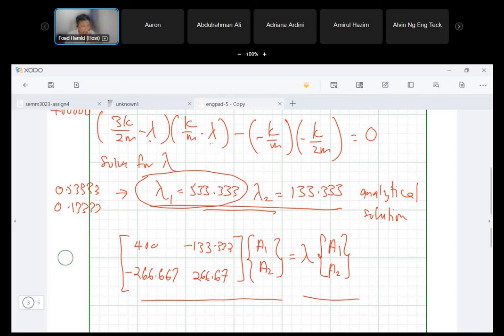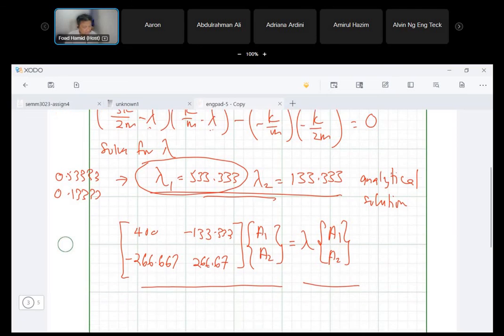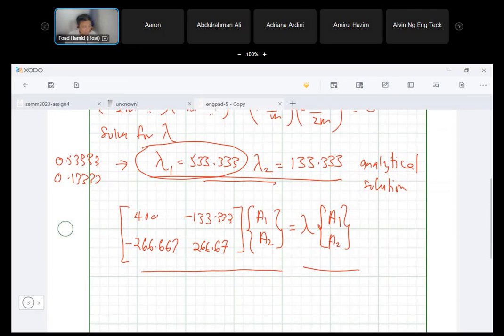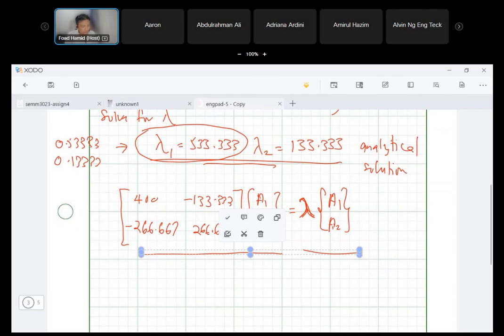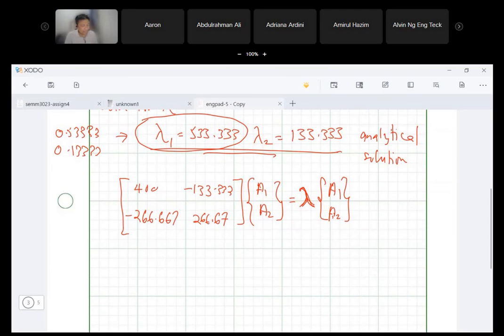So what you can do here is that when this one and this one are the same values, then you get your lambda. I believe I asked you to use 10 and 11 as the initial guess.